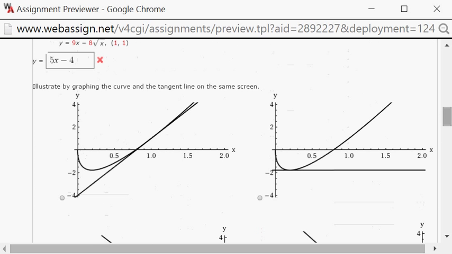So it's going to be either the first one or the second one. But the tangent line is 5x minus 4, so it has a positive slope, so the first one looks good, but the second one has a horizontal tangent line, so the slope is 0, so this is not going to be it. So the correct picture is the first one.